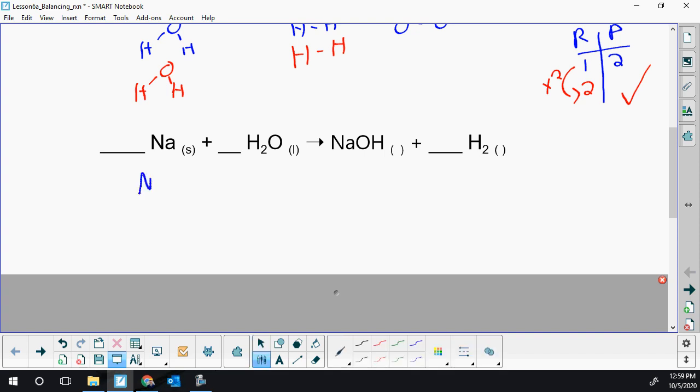So sodium and all metals come in 1s, except for mercury has lots of exceptions, and you're not going to see mercury examples. All the metals except for mercury come in 1s, and they're solids. Then we've got water again. So I'm drawing 1 of each, and then I'll figure out how many I need. Then I get sodium hydroxide and hydrogen gas.